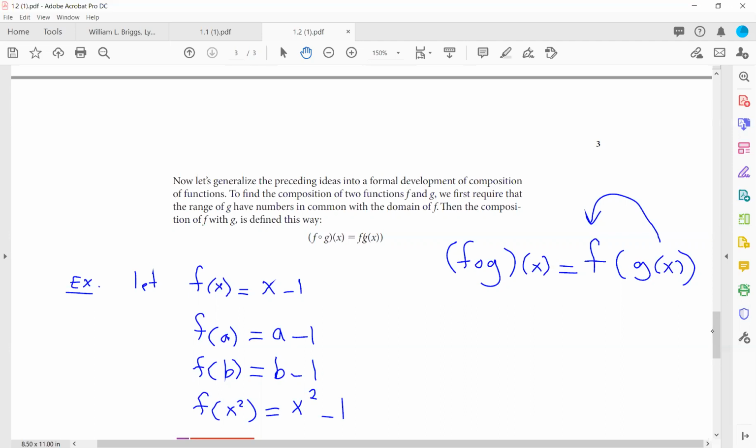So here I say, suppose this x squared is a new function g of x. This is f composed with g of x. Just substitute g into f. This is defined as the composition of two functions.